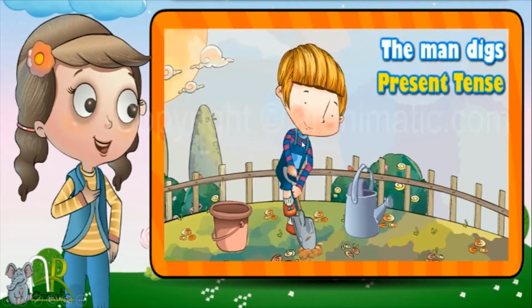So when does this action happen? This action happens in the present tense because the man now digs the hole. I repeat, the man digs a hole. It's in the present tense. You can say here the verb digs is in the present tense.